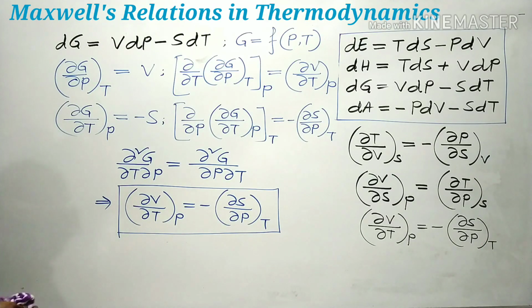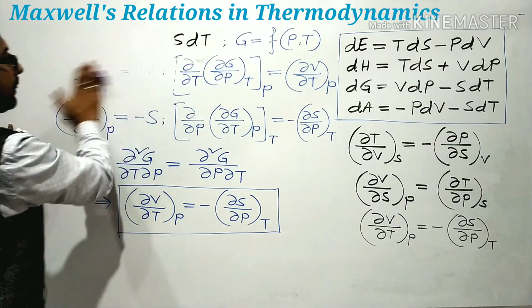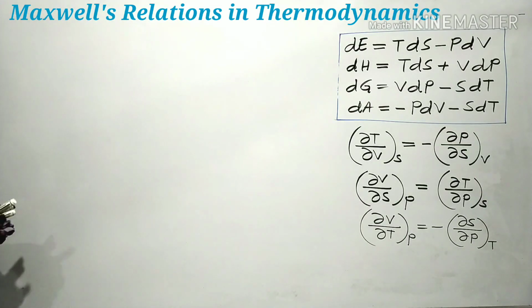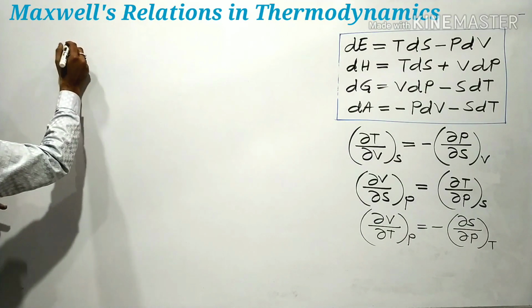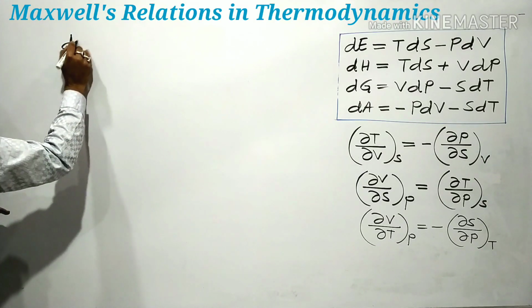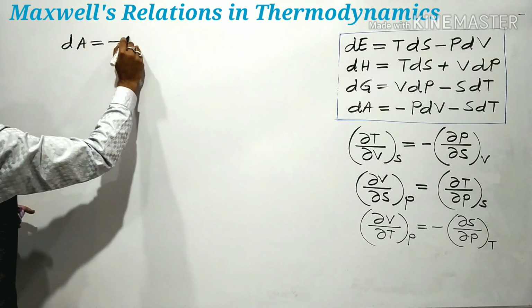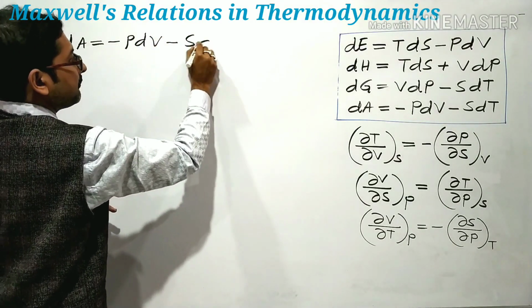And lastly, we have to move to the fourth one. Now we have the fourth thermodynamical relation of Helmholtz free energy, dA equals minus PdV minus SdT.